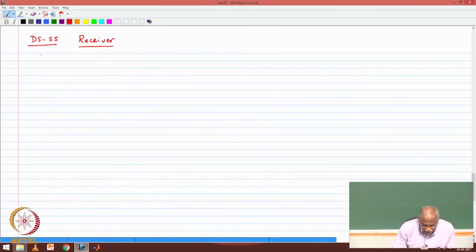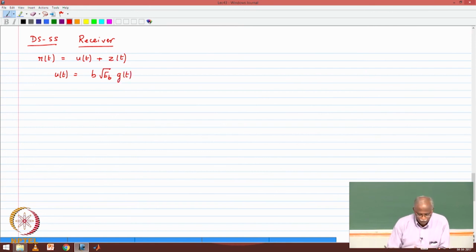So typically the received signal r(t) is the transmitted signal plus some impairment. The transmitted signal u(t) is b, some value ±1, times the square root of EB, that is the energy of the bit, times g(t), the waveform that we have used for the symbol.